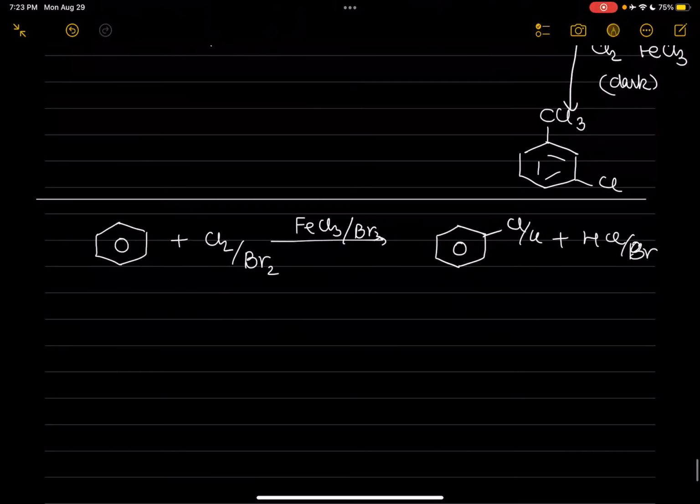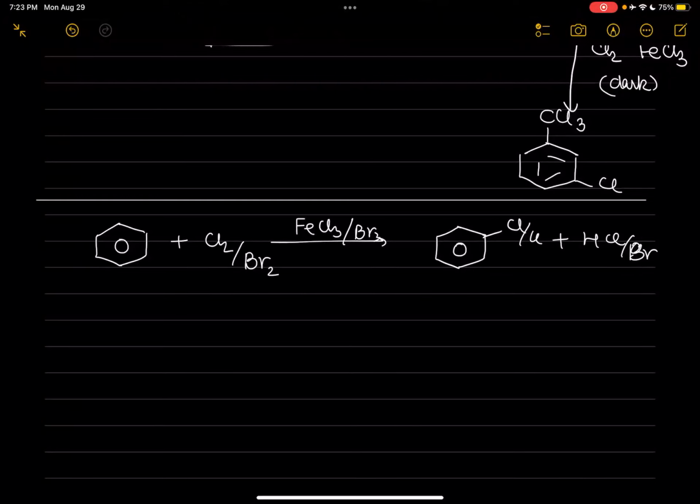But you don't carry out fluorination and iodination of benzene directly. Why? Because fluorine is highly electronegative, and if you start the reaction, it will happen so quickly that you will not be able to stop it.